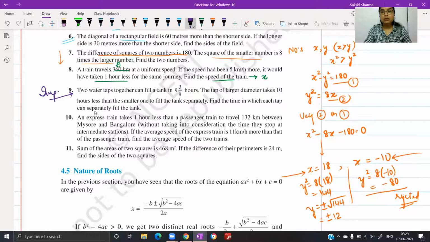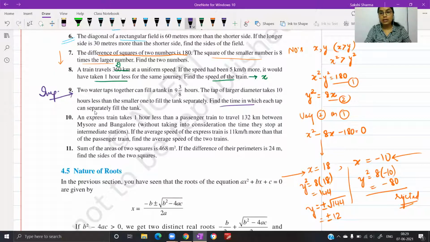If the taps are used individually, the time taken by the larger one is 10 hours less than the smaller one. Find the time in which each tap can separately fill the tank. So this is what we will assume, the time taken by the tap of the larger diameter and the tap of the smaller diameter. And then you can form your equation using the facts given.